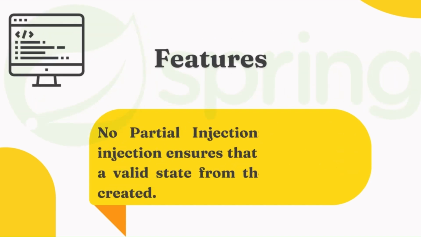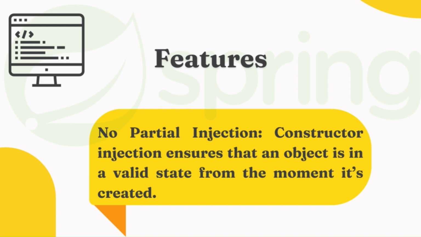The most important feature of constructor injection is no partial injection, which means it ensures that an object is in a valid state from the moment it's created. In short, it clearly showcases the required dependencies for the bean.